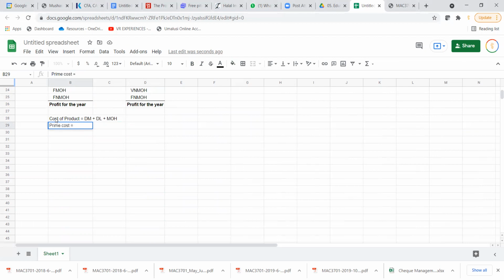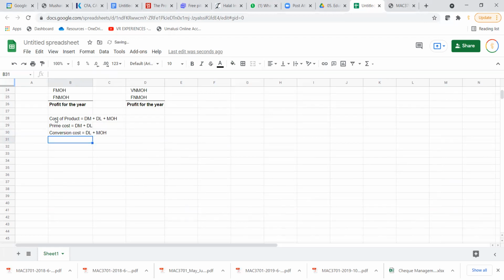Prime costs equal direct material plus direct labor. Okay, so they may say we're giving you prime costs, so you must know prime cost is direct material, direct labor. You must also know conversion costs. Conversion costs equal direct labor plus manufacturing overheads. So you must just make sure you're aware of that.